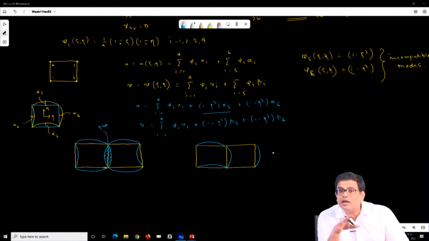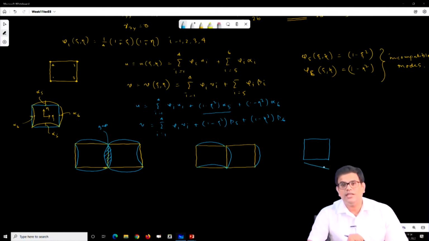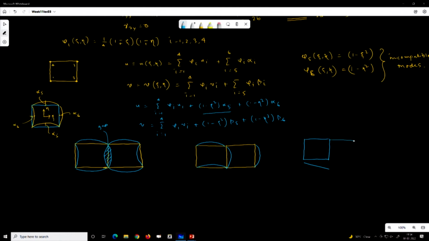But if you use a standard finite element, the standard Q4 element, this incompatibility at the boundary you will not observe, because in the standard 4-noded element, at the boundary this is a linear polynomial. So if I plot this linear polynomial, it is like this. Now in the adjacent element boundary you will have a similar polynomial coming from the other side.